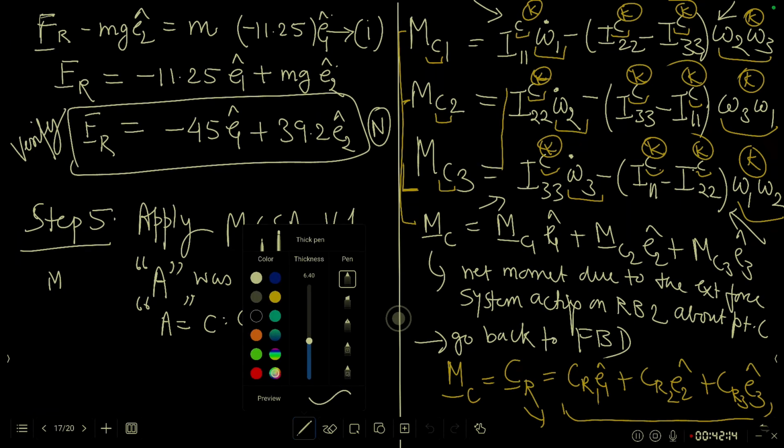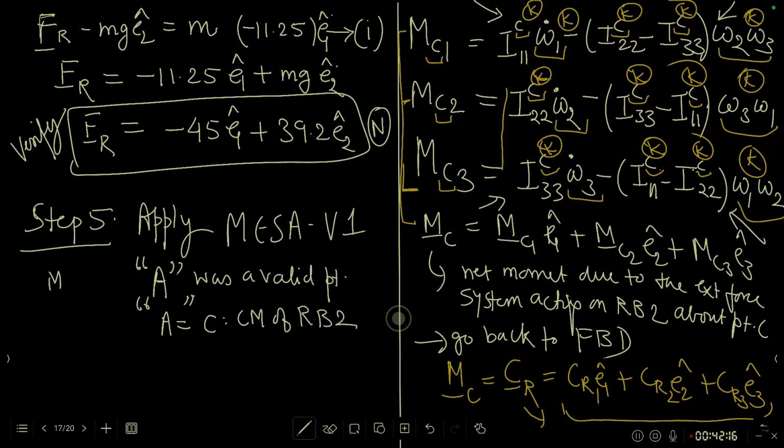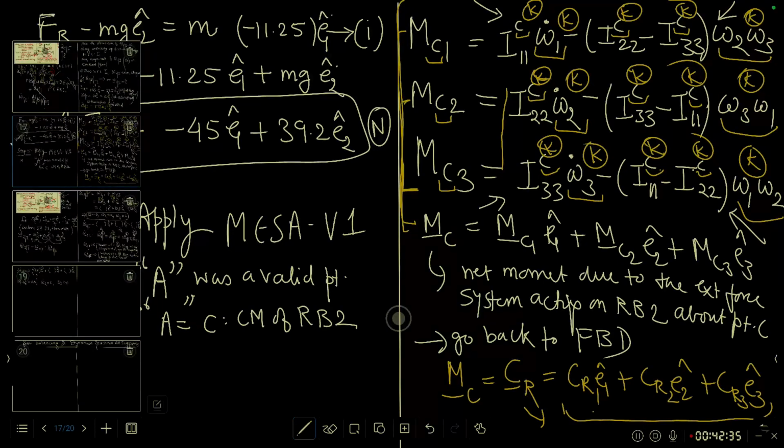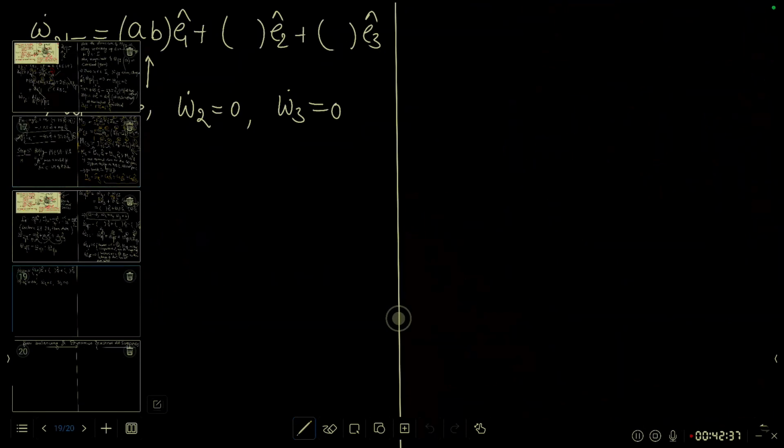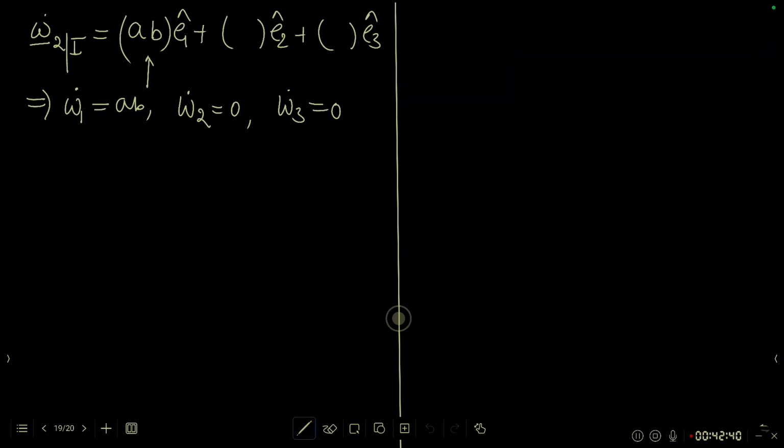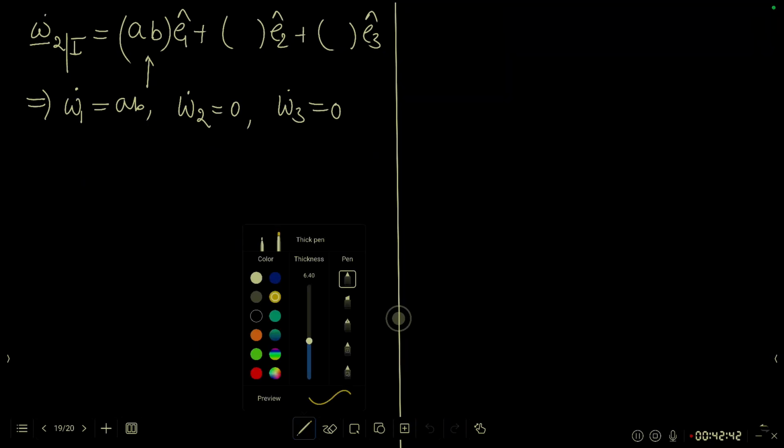And thus I'm going to write the final solution here and leave it for you to verify and get comfortable with all these ideas. M_C will turn out to be mr square by 2 AB E1. That is the final answer. Solve and verify.